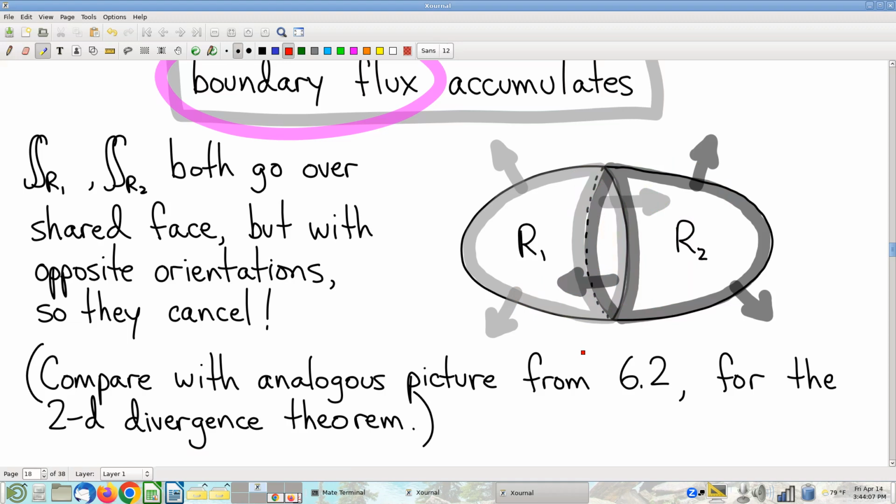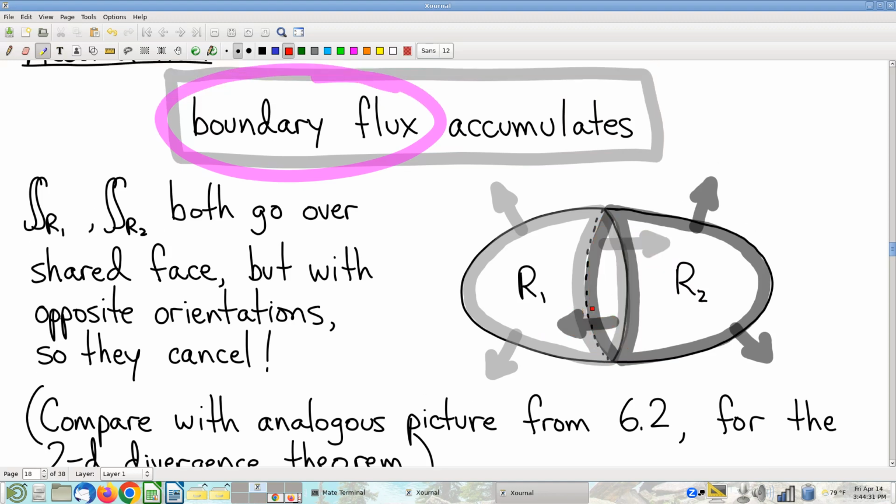It still remains that there is a shared piece that counts twice with opposite orientations. It's just that instead of opposite directions through the face, it was opposite directions along the curve. Still opposite, still cancel.